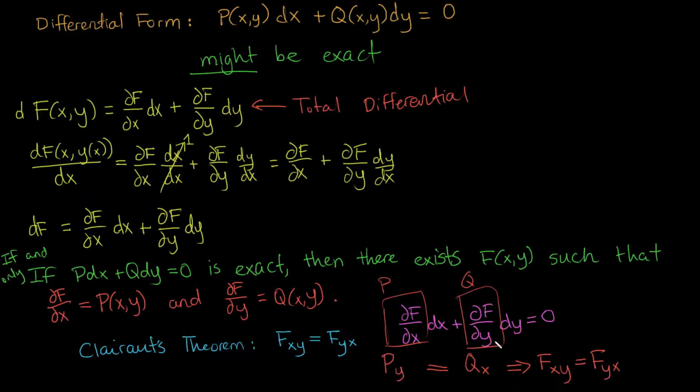So this is a long way of saying that if there exists a function whose partial derivative with respect to x is our p of x y, and whose partial derivative with respect to y is q of x y, then taking the partial of p with respect to y and seeing if it's equal to the partial of q with respect to x is sufficient to prove whether or not there is a function.